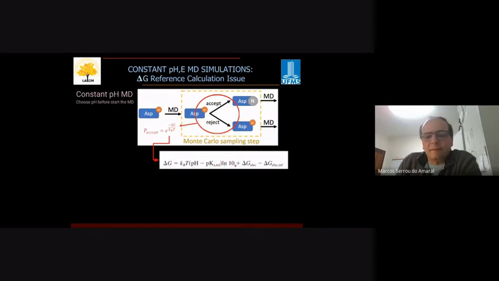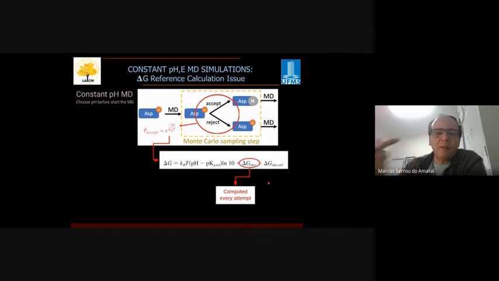And during the simulation, Amber will calculate the delta G electron. Every time it tries to change the protonation state, you need to calculate that.